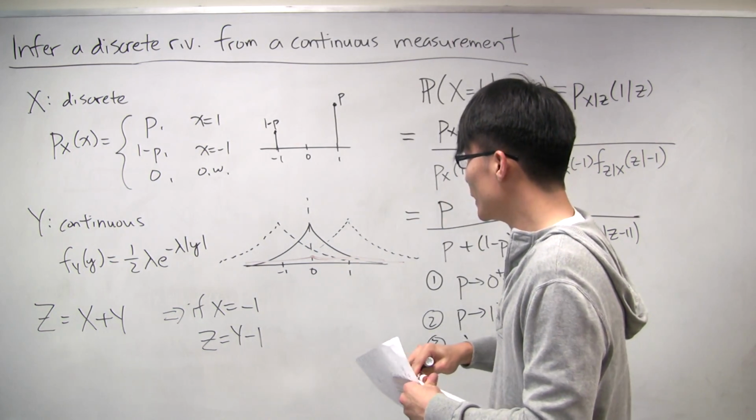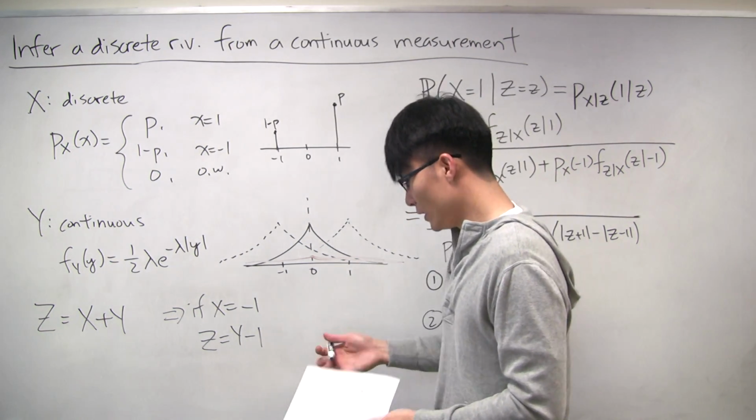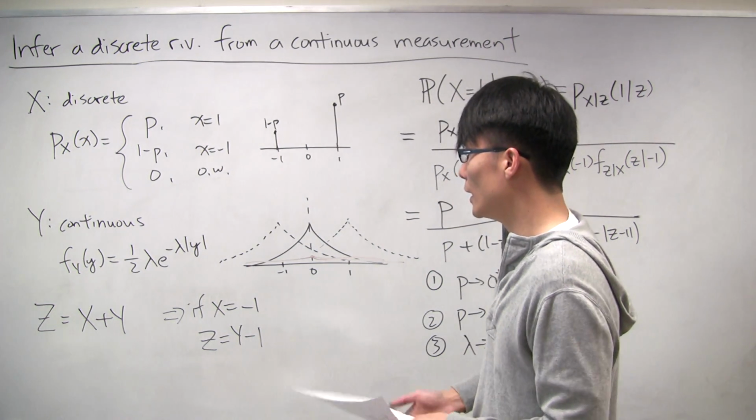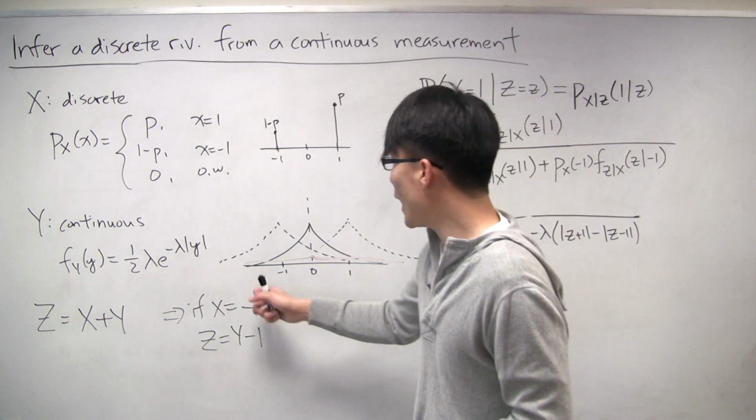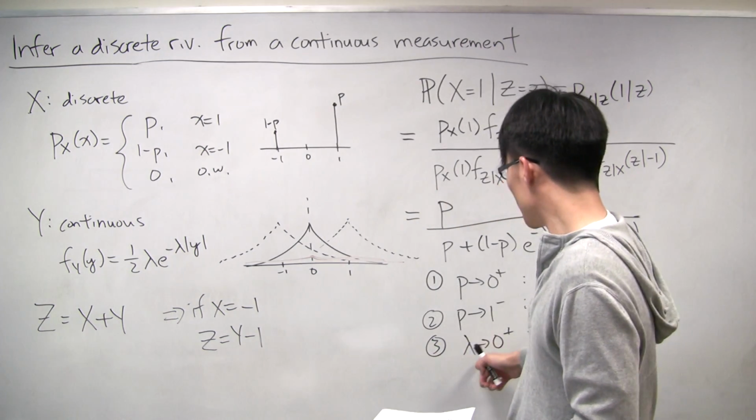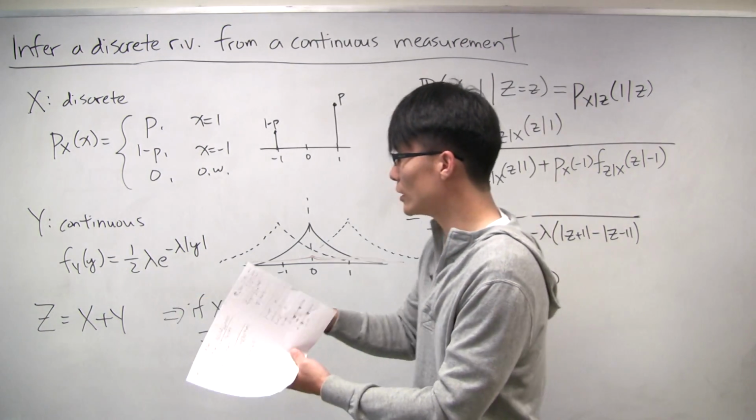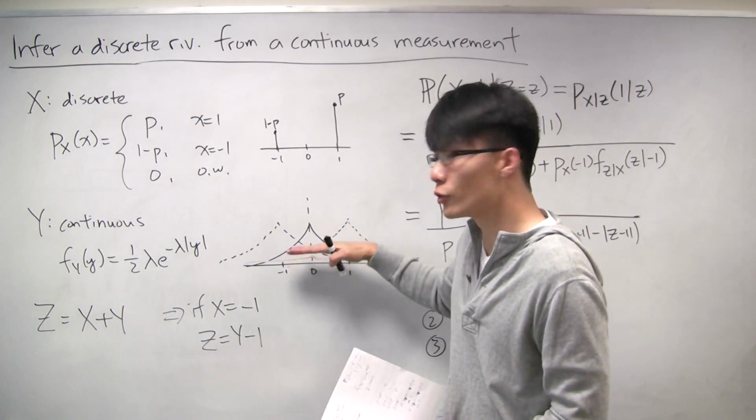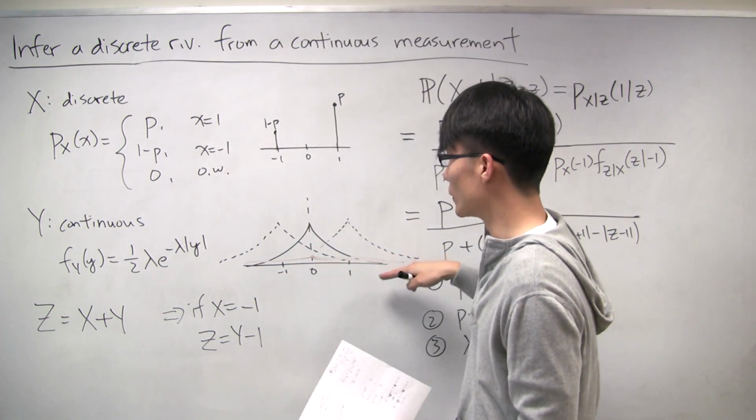And so what this tells you is that y, this is the distribution of y, has a really flat and kind of short distribution when lambda goes to 0.